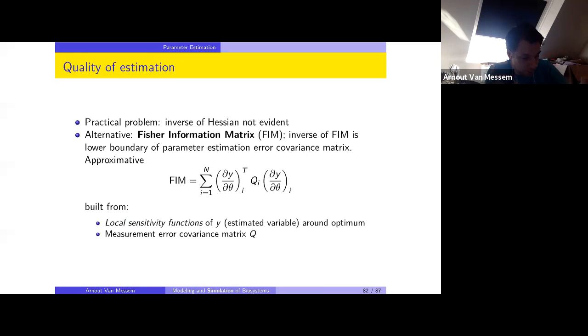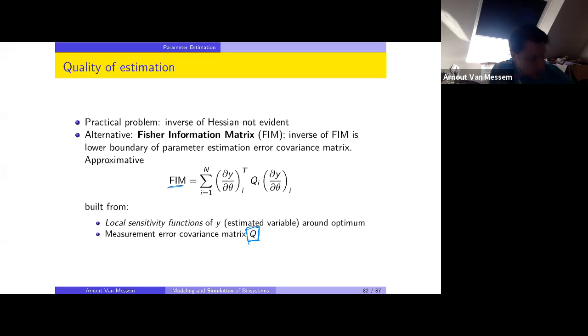So what you have is that this Q in the formula, this is the covariance matrix for my data or for my measurement errors, which are directly coming from the data.